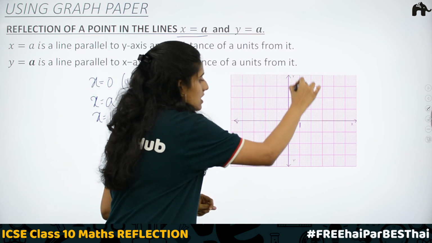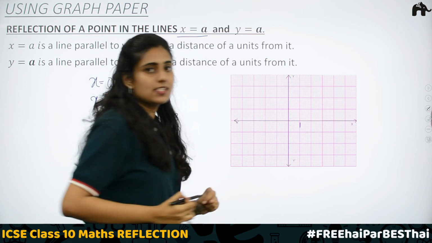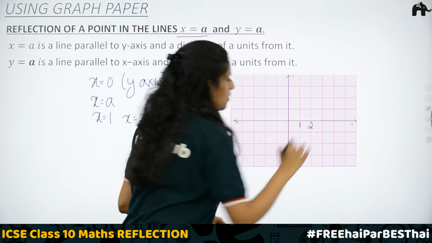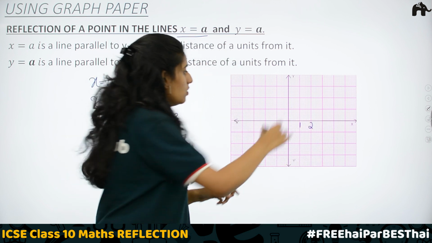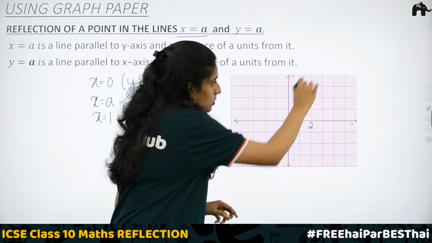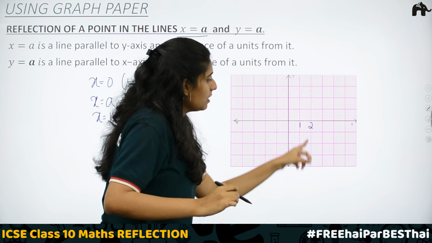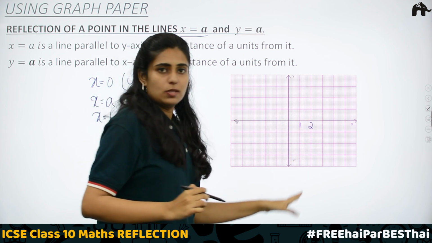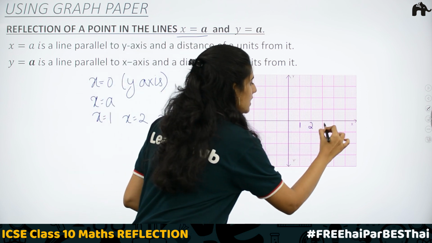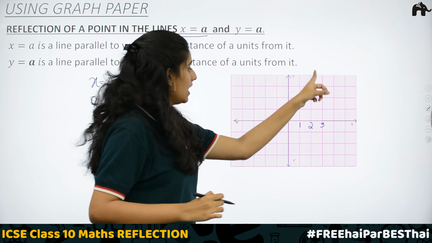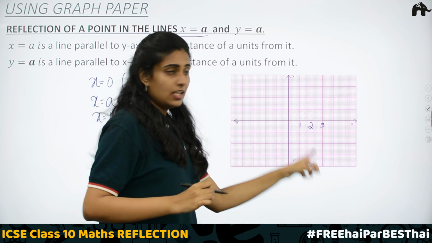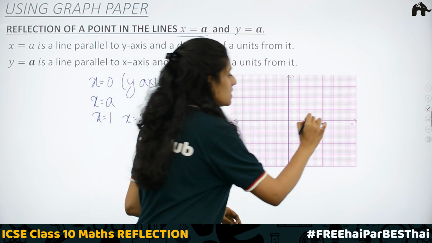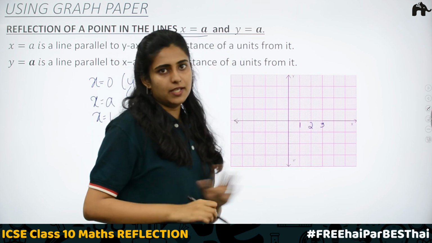Along this line every point will have x coordinate 1 but the y coordinate will change. Now when you take this point, this is 2, and you draw a line passing through this point, at every point you will have x coordinate 2 but the y coordinate will be changing. Now if you take this point 3 and a line passing through 3, every point along this line will have x coordinate 3, and the y coordinate will be changing.